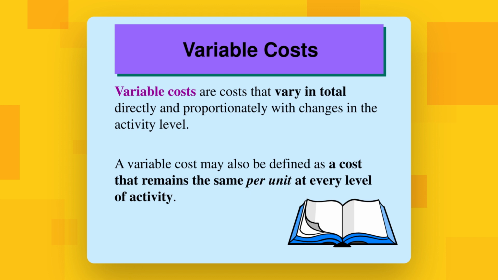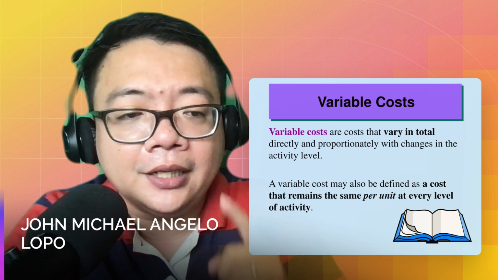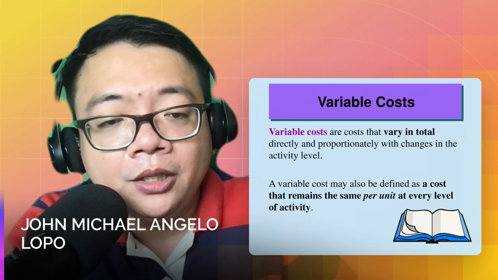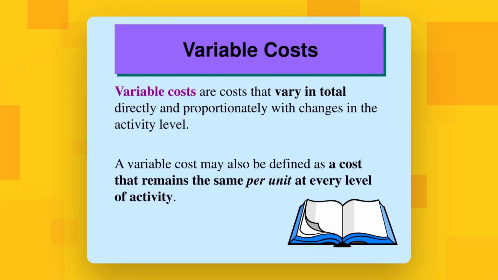Again, we go back to our discussion. Alright? So, in terms of your total variable cost, it will vary in total directly and proportionately with the changes of the activity level, while the variable cost per unit will remain the same regardless of your activity. Alright.